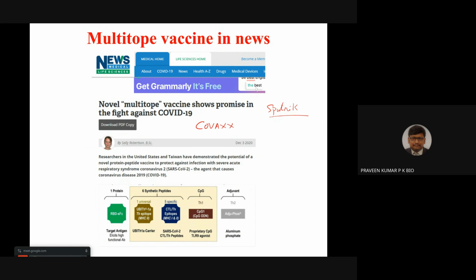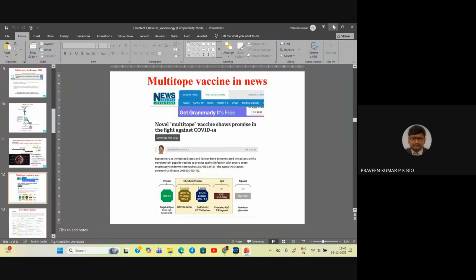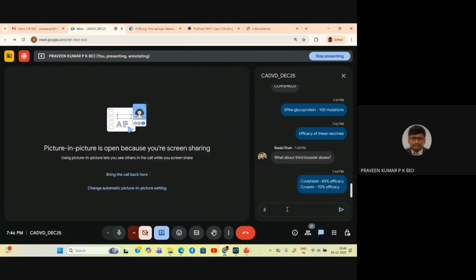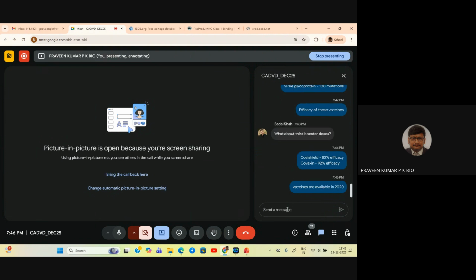But do you know how many vaccines were available in 2020 for the treatment of SARS-CoV-2 infection? How many vaccines?